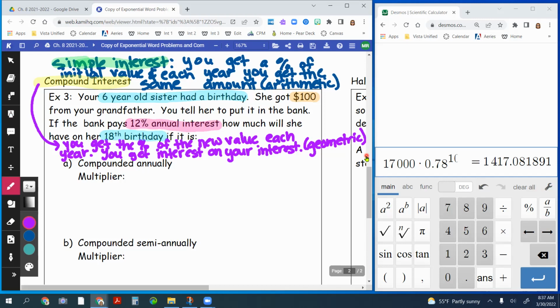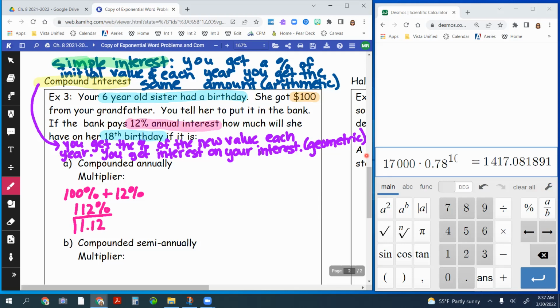So if that is the situation, to figure out what our multiplier is going to be, we are going to be taking 100% plus 12%, which is going to be 112%. So our multiplier is going to be 1.12. That is our multiplier. Okay.